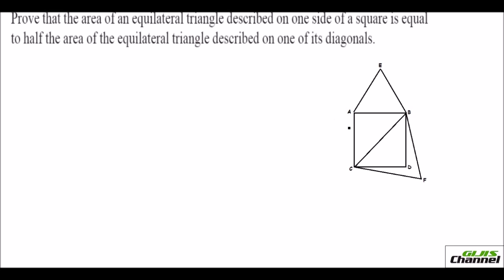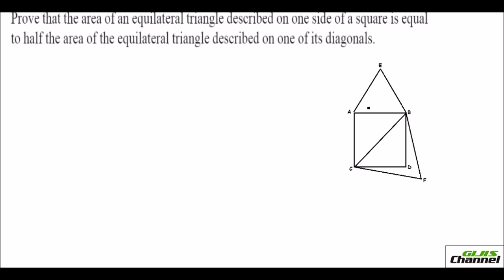Okay. Now I have just drawn a square, and I just drew an equilateral triangle on this side, and then I drew a diagonal, and there also I drew an equilateral triangle with this diagonal as its one side.